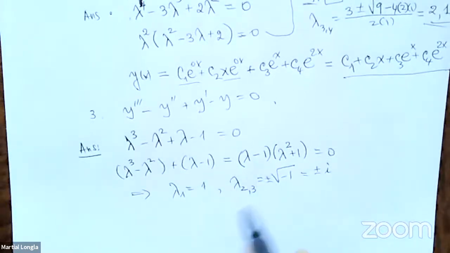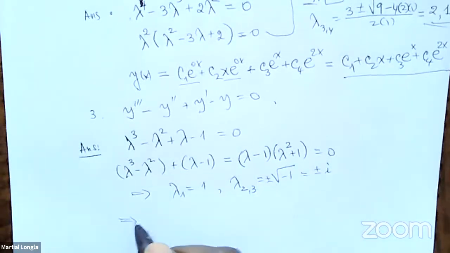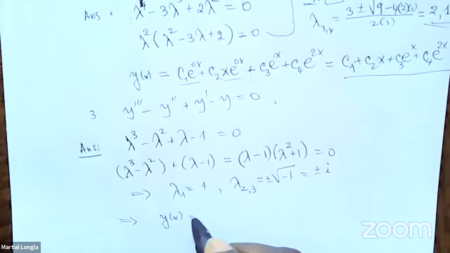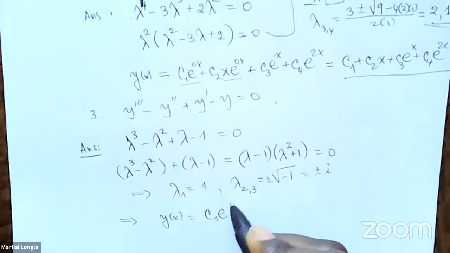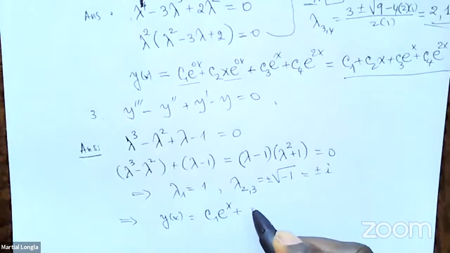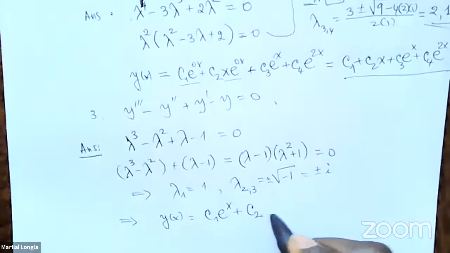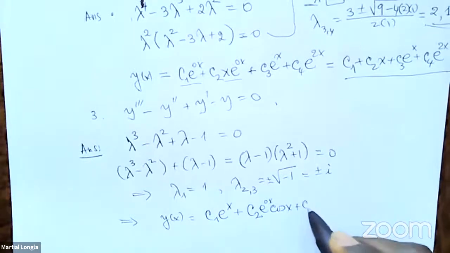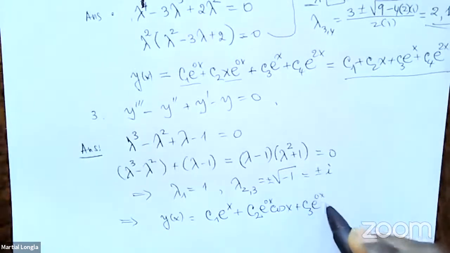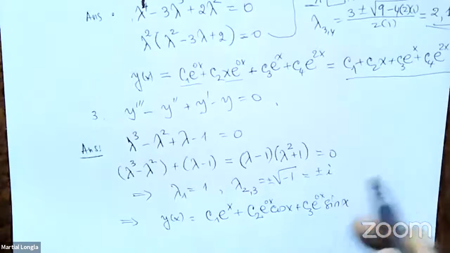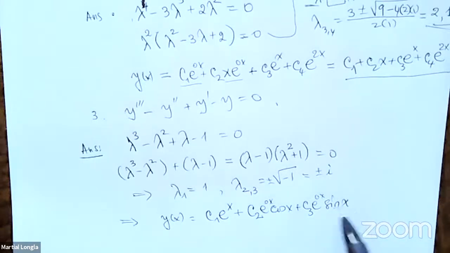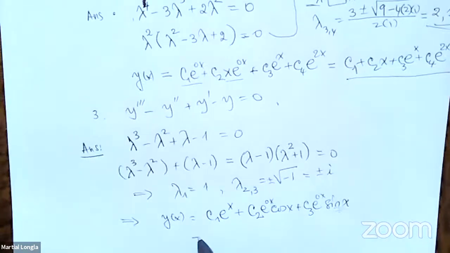And then for the answer, y of x is equal to c1 e to the x, then c2 e to the 0x cosine x plus c3 e to the 0x sine negative x. Yeah, but it's always good to keep it as sine x, because putting the negative in there is not going to change anything.